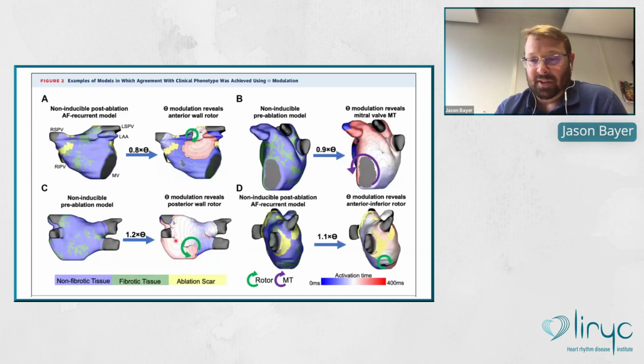And the last one is just another example of a rotor, whereas a non-inducible post-ablation AF reoccurrent model, so very similar to this one, but in this case they had to increase it. So it seems that the modulation is important. Now the question is do you decrease or increase, or is there a one-size-fits-all to even this approach without EP mapping?